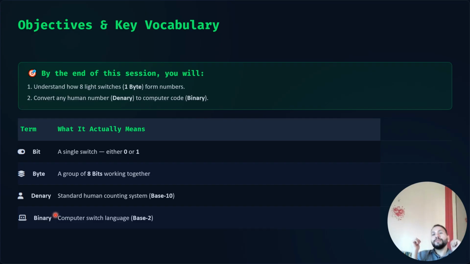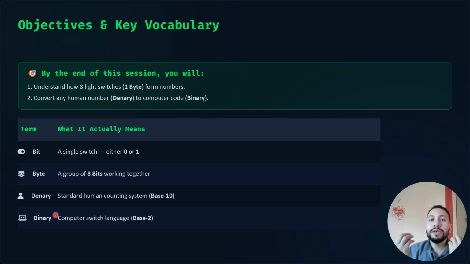Amazing. We have something called byte, and something called bit. The bit is a single switch, either 0 or 1. The byte, on the other hand, is a group of 8 bits, 8 switches, whether each is turned on or off.